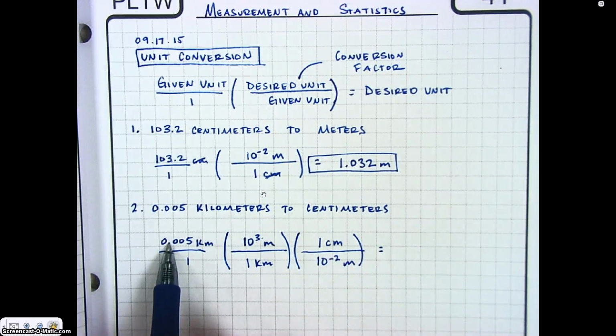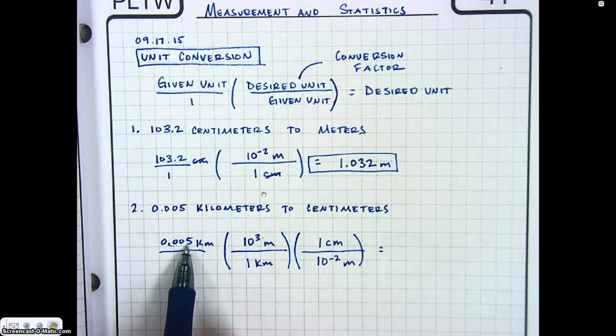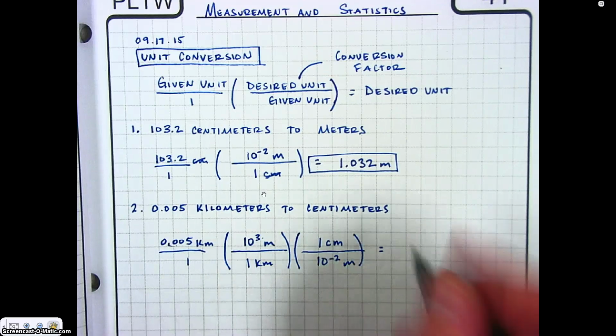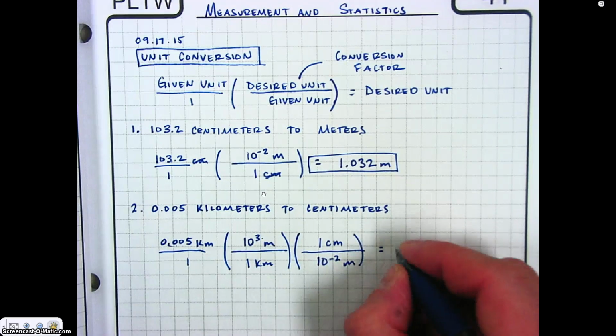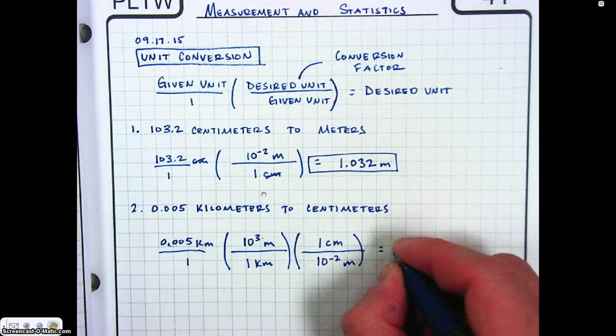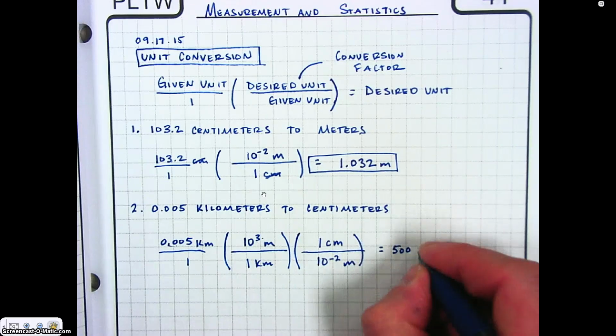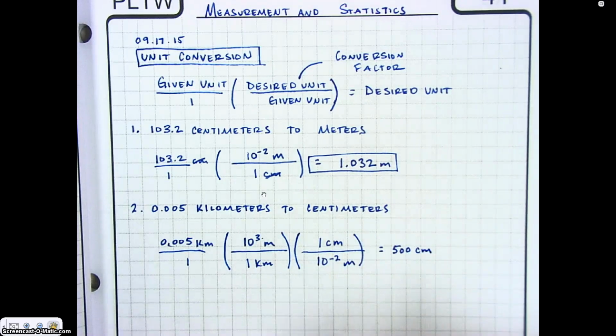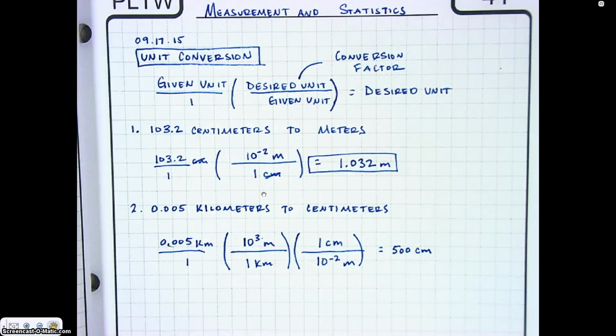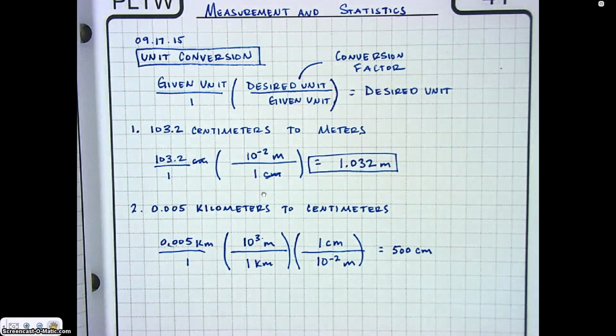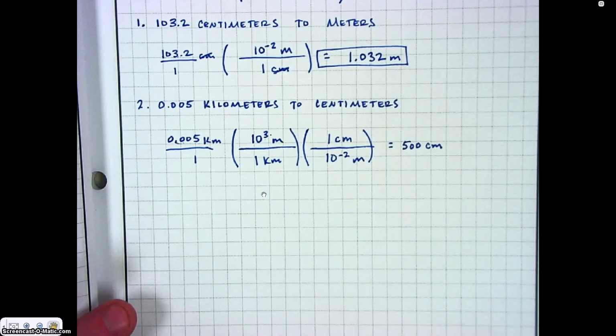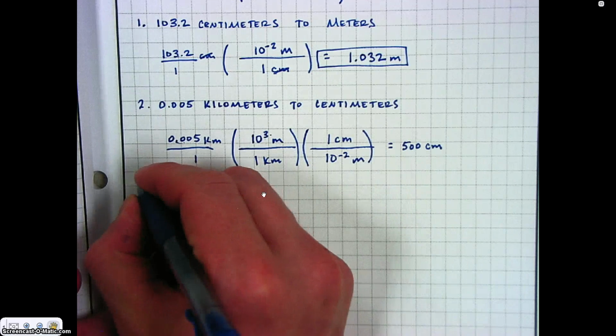And so we are going to move the decimal 5 places to the right. And so we get 0.005 kilometers is equal to 500 centimeters.